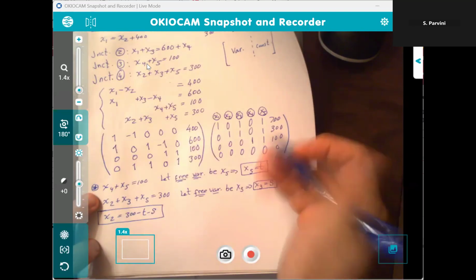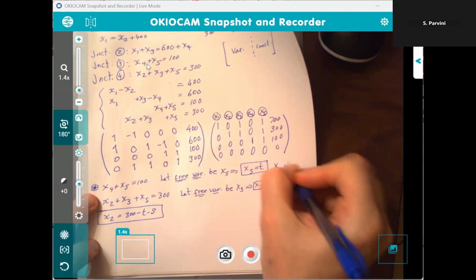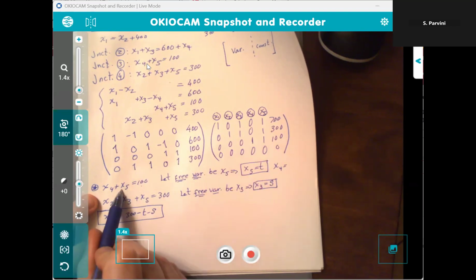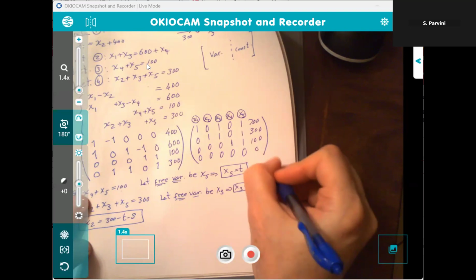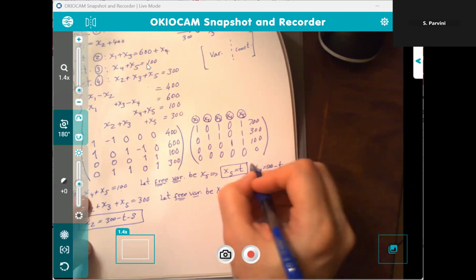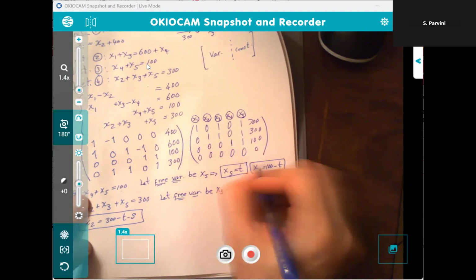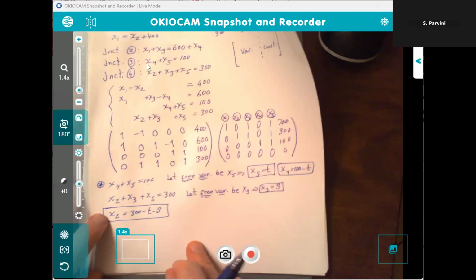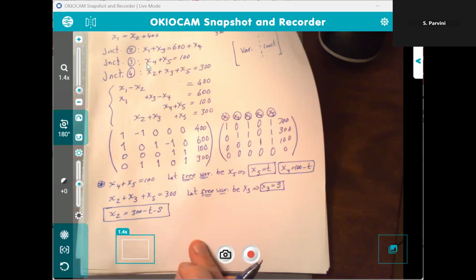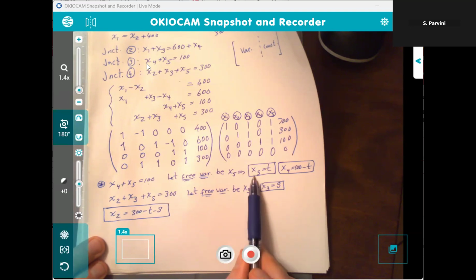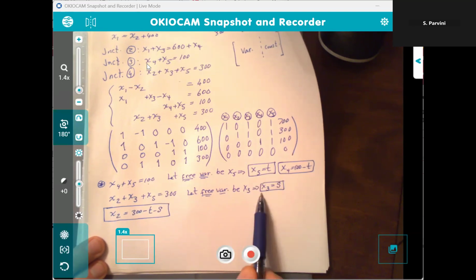So would you agree that x sub 4 is 100 minus x sub 5? That's 100 minus t, isn't it? We're good? So we've got x sub 5, x sub 4, x sub 3, x sub 2.